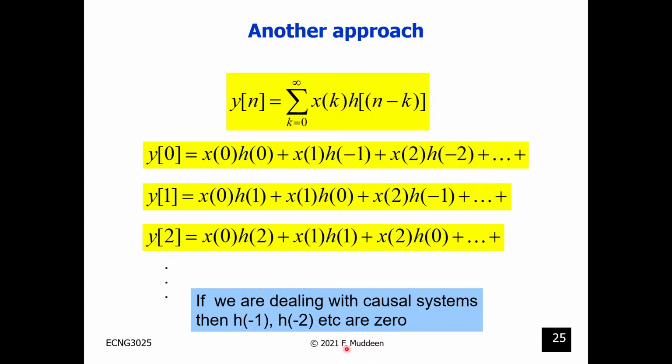And we realized that we were dealing with causal systems. And when we saw those overlaps in the previous slides, because we're dealing with causal systems, that means h of -1 and h of -2, because those are negative indexes, are just going to be 0. So all these values that had negative indexes just disappear because they're multiplied by 0.